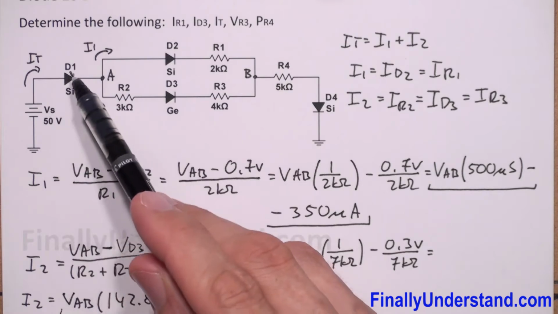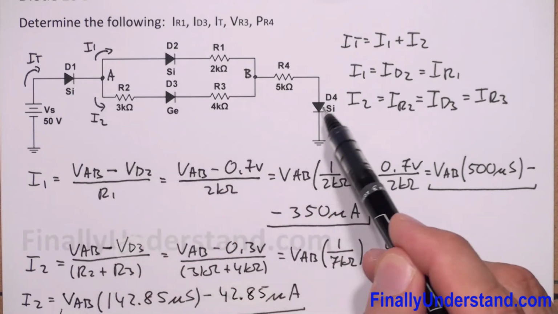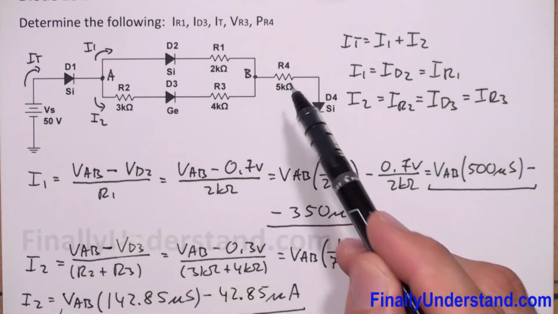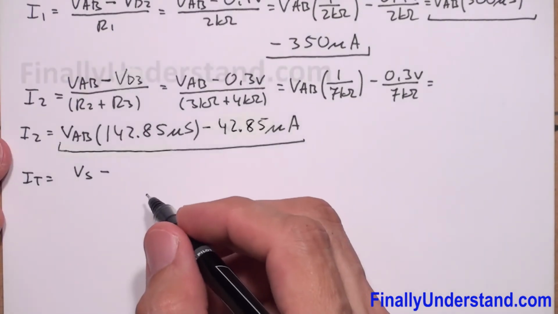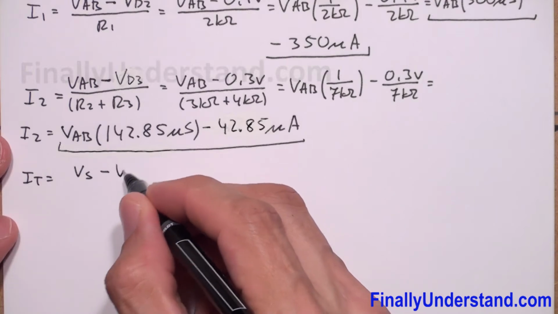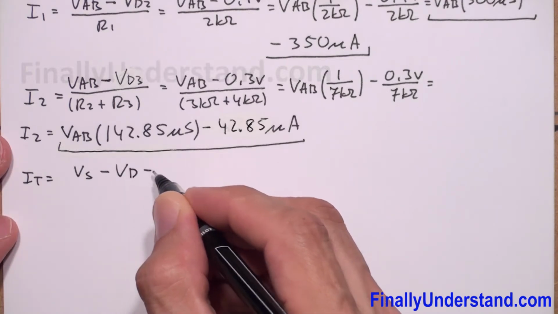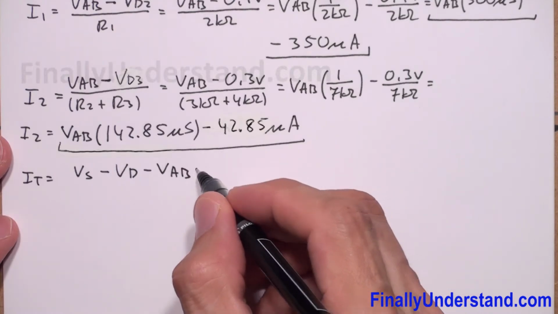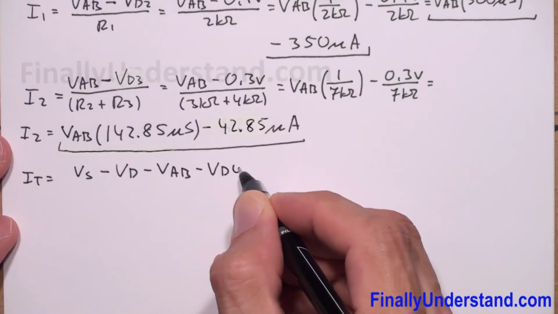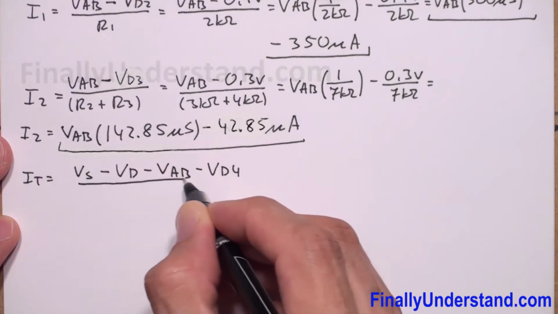So this voltage minus this voltage minus this voltage minus this voltage, divided by this resistance, will give me I total. So I have the voltage source minus VD1 minus VAB minus VD4 divided by R4.